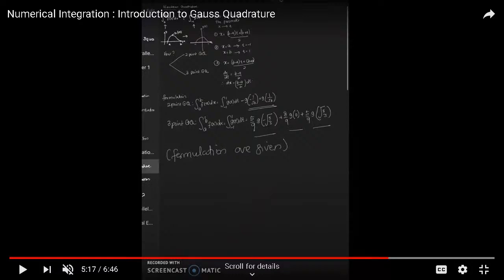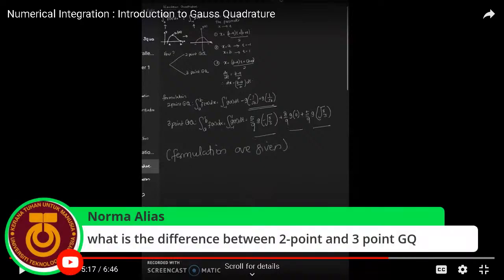Here's my question. What is the difference between 2-point and 3-point Gauss quadrature? The difference is the formula. 2-point Gauss quadrature uses two terms, and then 3-point Gauss quadrature uses three terms.